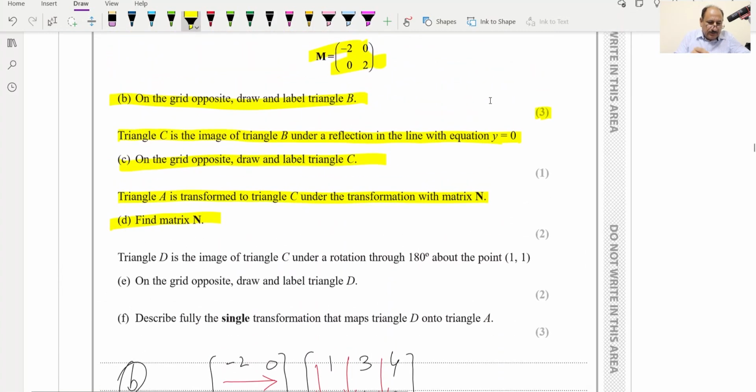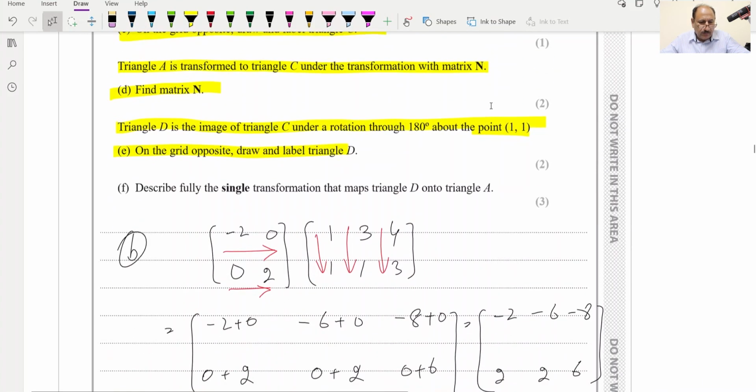E part says the triangle D is the image of triangle C under the rotation through 180 degrees about the point 1 0 on the grid. Draw and label triangle D. So we have to draw and label triangle D, rotation 180 degrees.